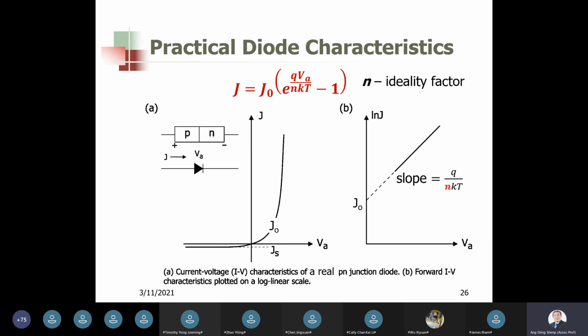If the ideality factor is close to 1, like 1.1 or 1.2, then the diode is relatively ideal. If it deviates too much, then there are some non-ideal effects taking place inside the PN junction. So in lab 3, you will learn how to determine the non-ideality factor of a practical PN junction.